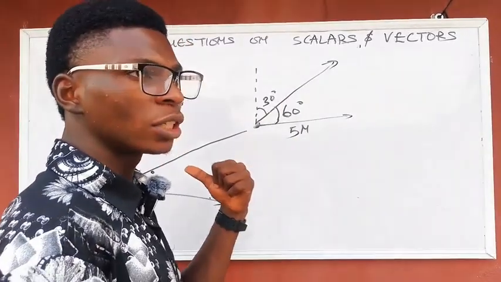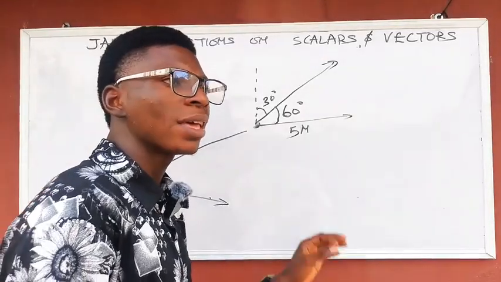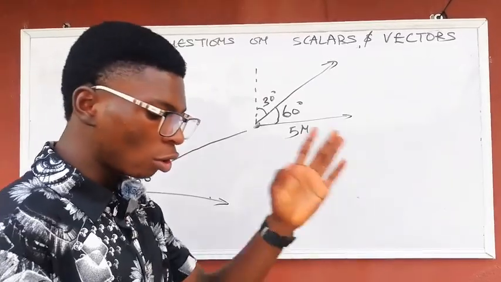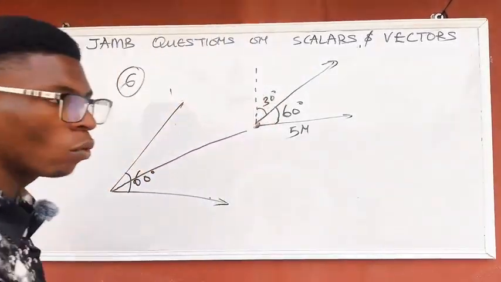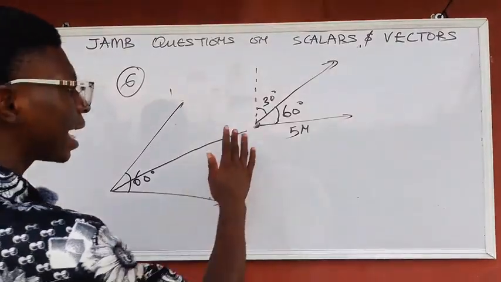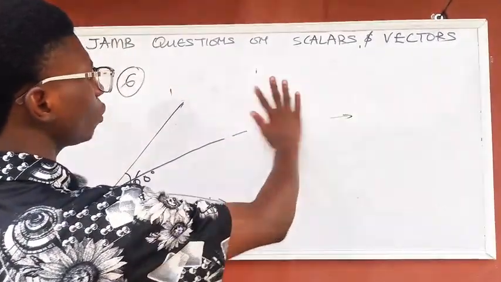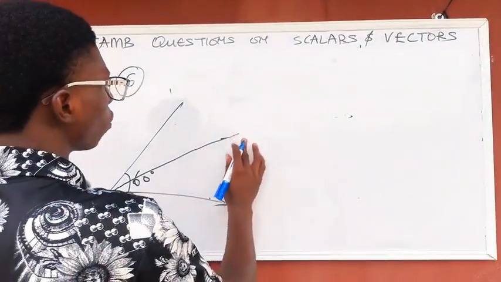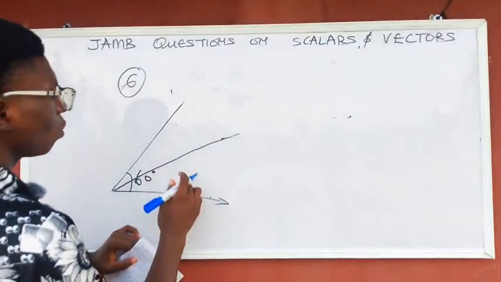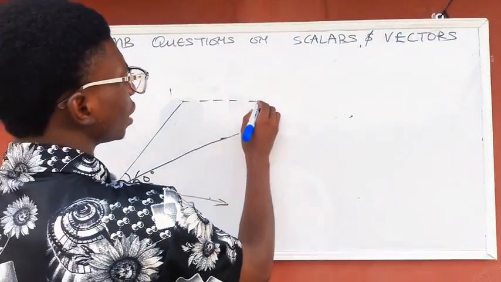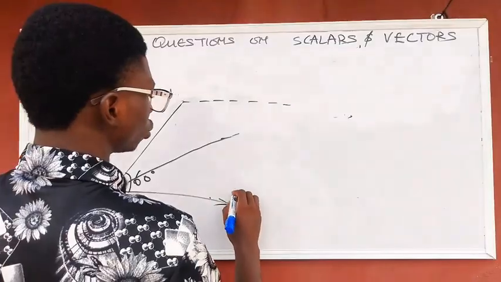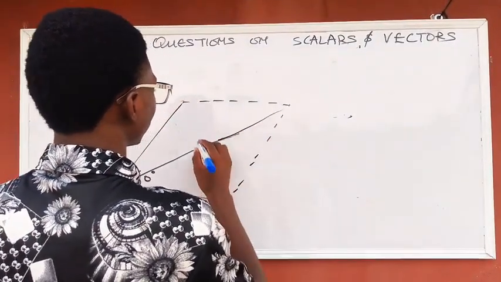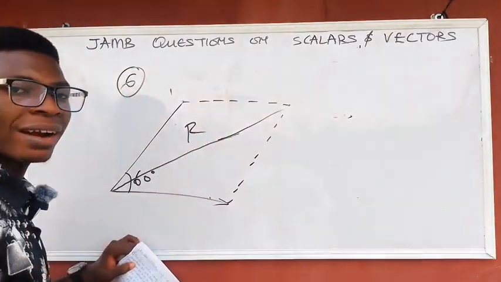But in the case where the angle between them is less than 90 degrees or greater than 90 degrees, we use the law of parallelogram. Let me clean this. So now I'm going to form the parallelogram. I will draw a dotted line, and this one will meet that dotted line. Then this line will be our resultant.